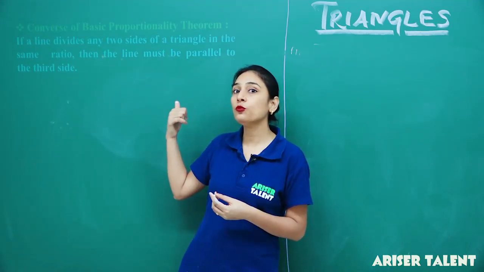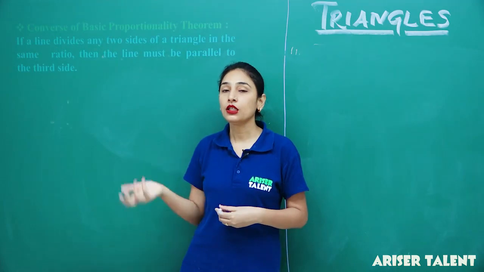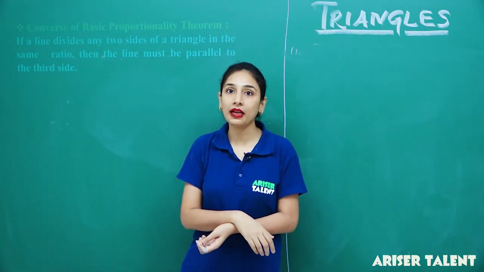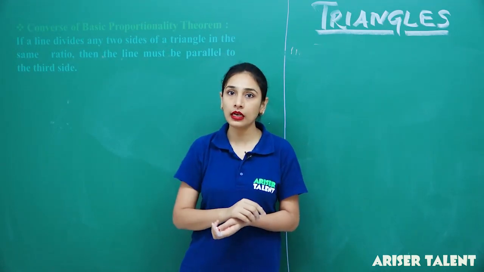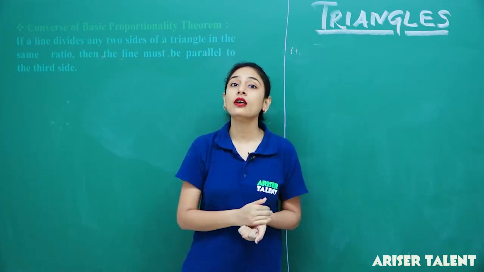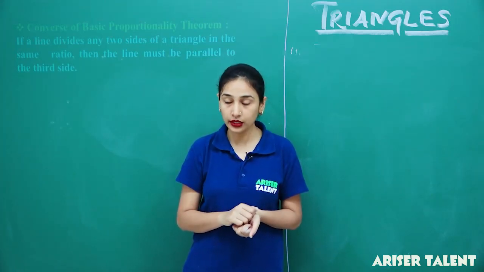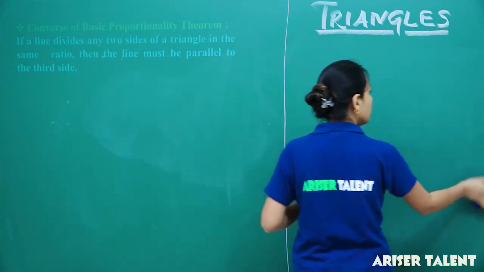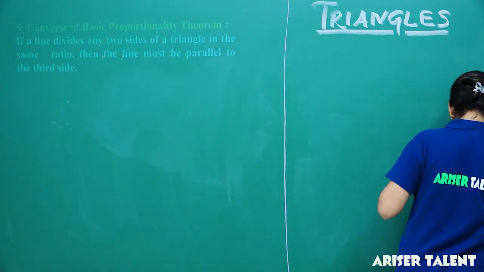What we have to prove is that these are parallel. We will assume that they are not parallel, find out the result, and if the results contradict, we will say we were assuming wrong and this is the right thing. So, moving forward to this question, let's start.